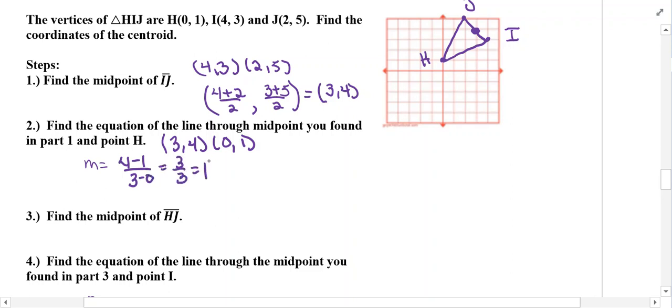The slope is 1. We already know the y-intercept, so our equation is y equals x plus 1. And that would give us this line right here that goes from this vertex to that.